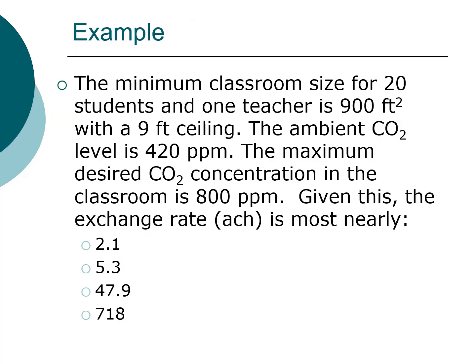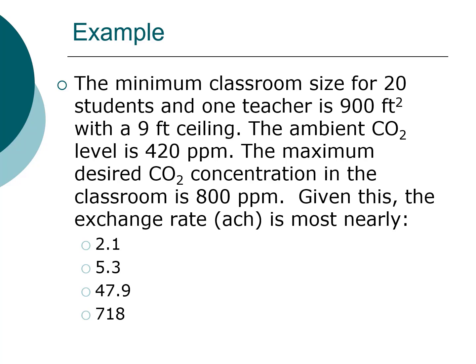In this case here, you're told that the minimum classroom size for 20 students and 1 teacher is 900 square feet with a 9-foot ceiling. The ambient CO2 level is 420 parts per million. The maximum desired CO2 concentration in the classroom is 800 parts per million.